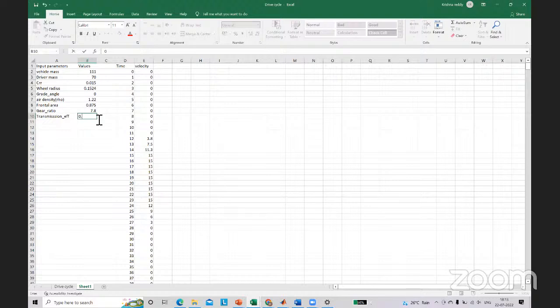Motor efficiency, 0.9 something. Motor controller efficiency, 0.85.